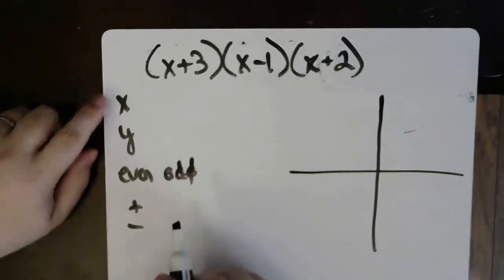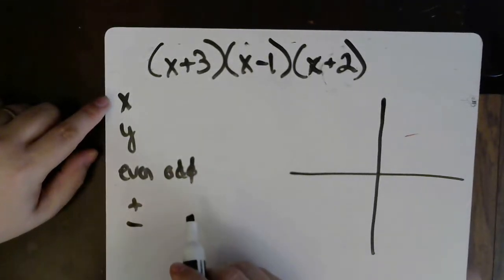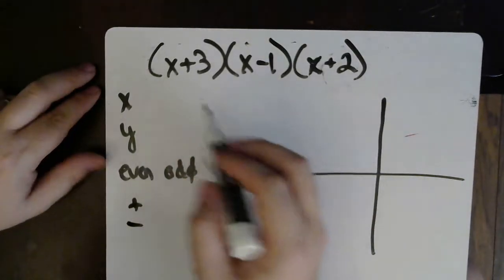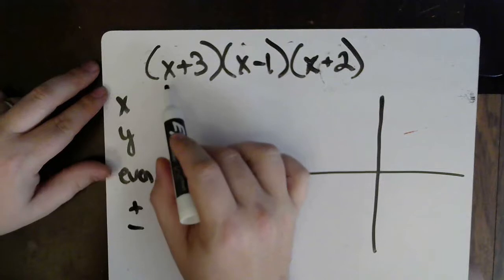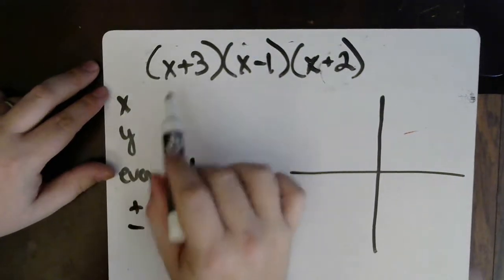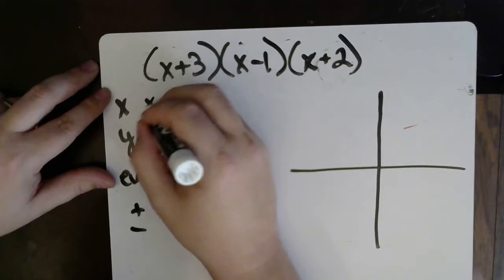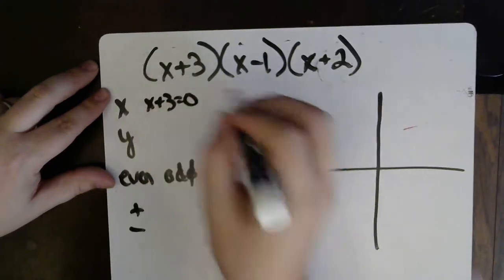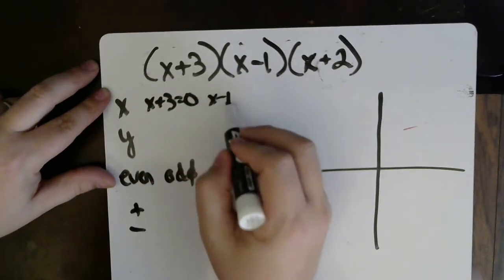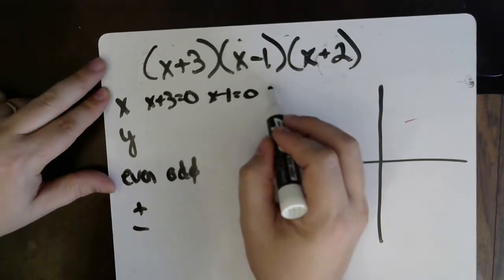Okay, our x-intercept. Our x-intercept is when y is 0. So again, what can we put into x to make x plus 3 equal to 0? That's what we're looking for. Same thing here. Same thing here.